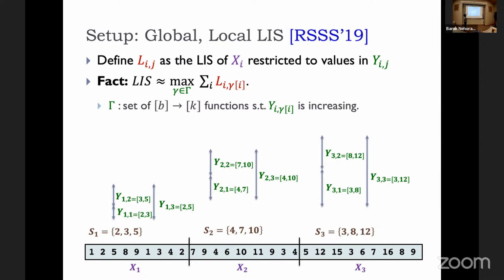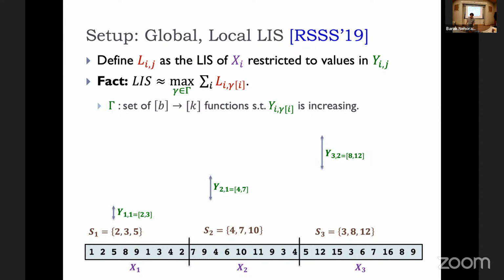A monotone function gamma is a selection of candidate intervals which are strictly on top of each other in terms of value. We maximize over all such selections of candidate intervals for each block, and we sum the length of the increasing sequence for the corresponding block in the corresponding range.